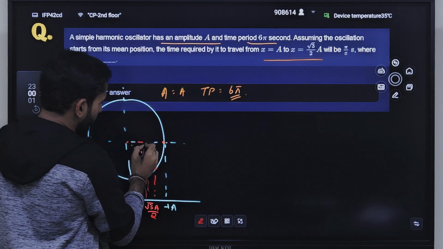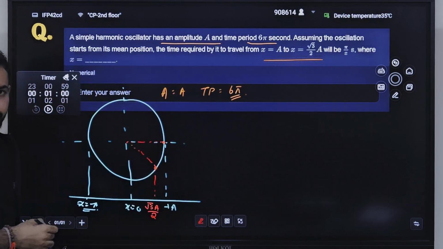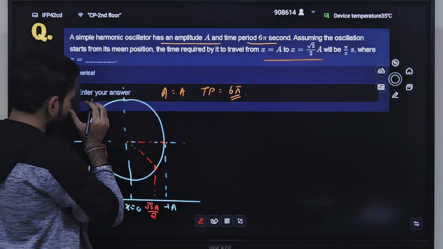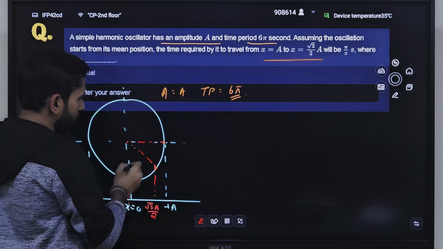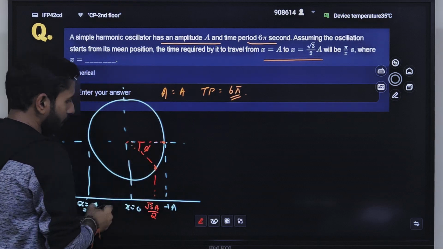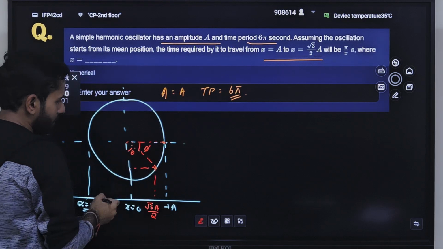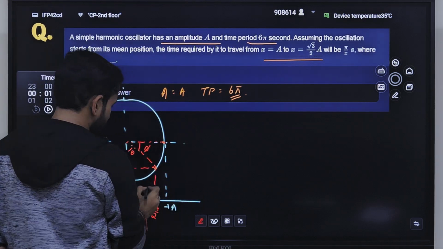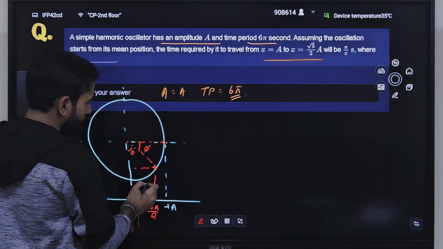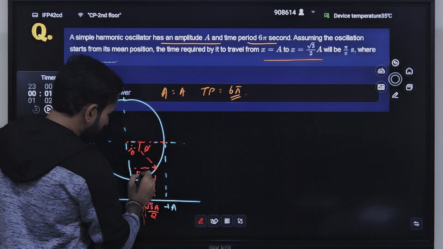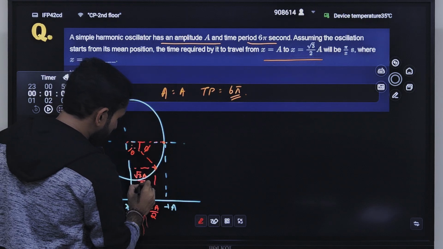Initially it was here and now finally it is here. So tell me how much angle is covered. This angle is called phi. Can you calculate this angle theta? This distance is equal to root 3 A by 2.